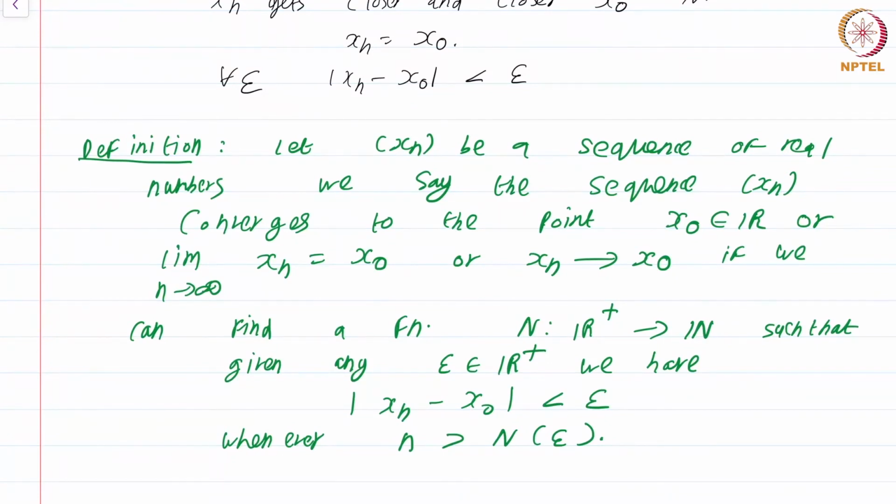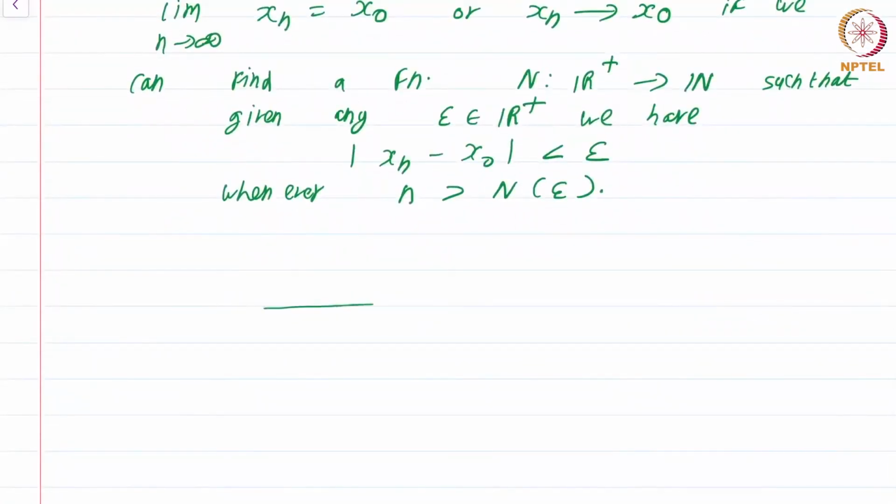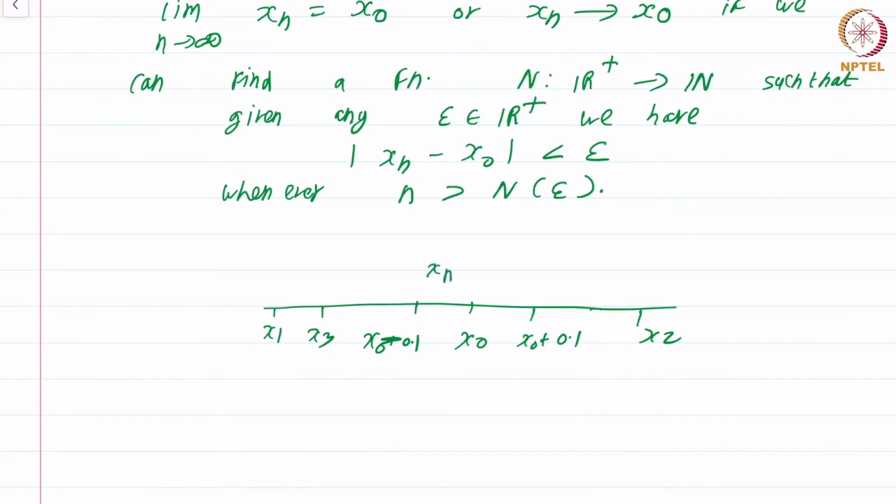That's essentially saying, pictorially, that if somebody gives you 0.01 as the desired level of approximation around x0, what this says is that x1, x2, x3, and so on might fluctuate outside this desired level of approximation, but the moment you cross N of epsilon, then all the terms of the sequence are forced to be within this interval, x0 minus 0.01 to x0 plus 0.01.